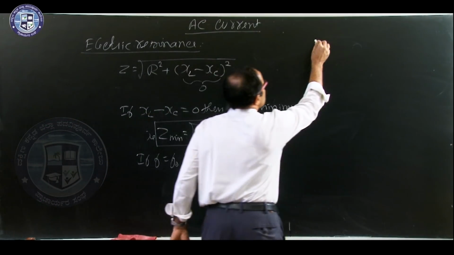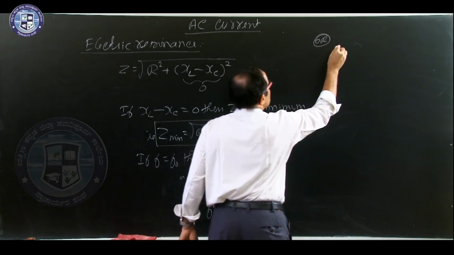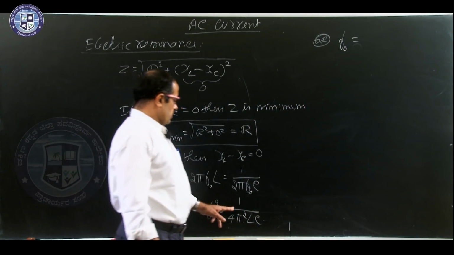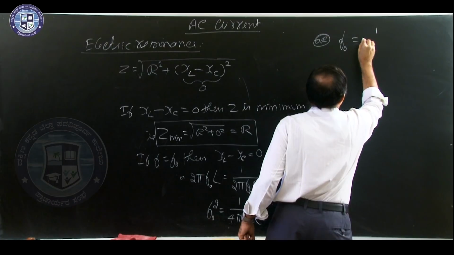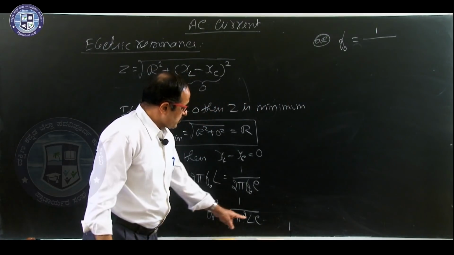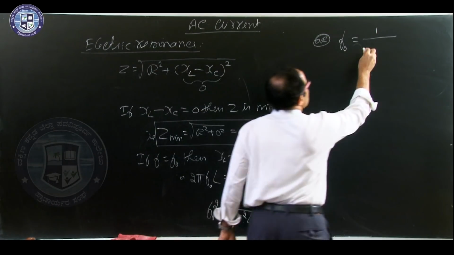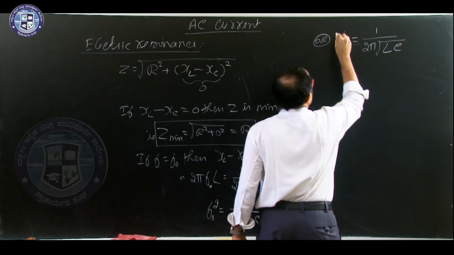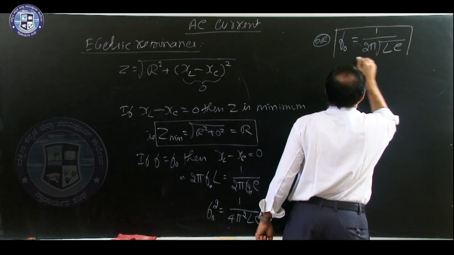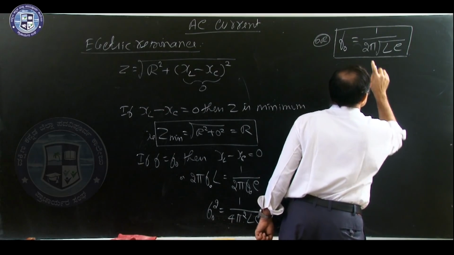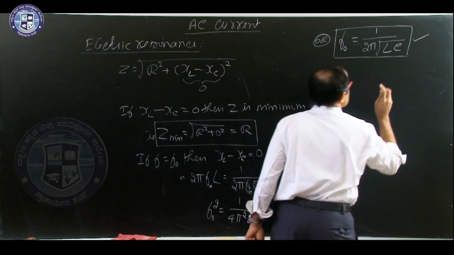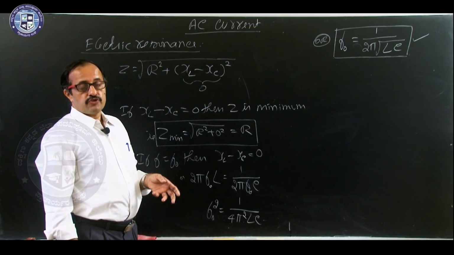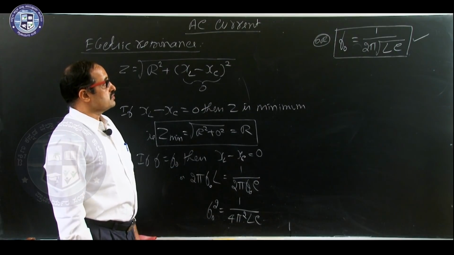Or F naught, the resonant frequency, is equal to 1 divided by 2 pi root LC. Very, very important equation from the point of exam. You can expect even for 1 mark: write the expression for resonant frequency of LCR circuit.